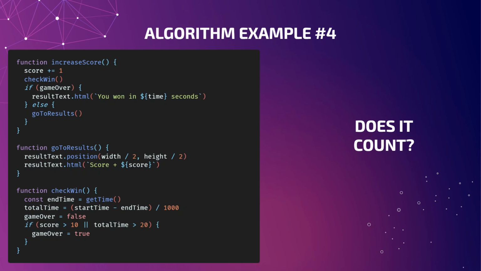Can you have multiple helper functions and then just change where you call on them? Yes. I would recommend, though, that you double check to make sure that each of those functions can operate independently, meaning that they have their own variables, they have their own parameters that they're accepting, that they return their own values, that you can call check win on its own. And in this example, we can call check win on its own or call go to results on its own, and either one is going to work.